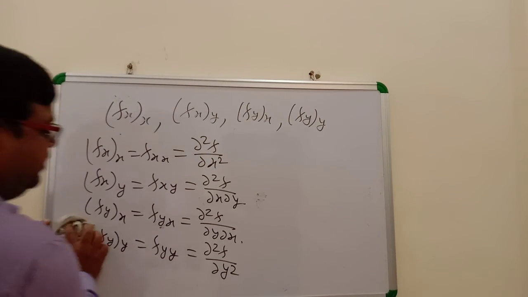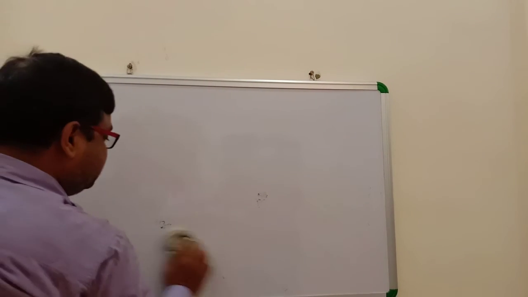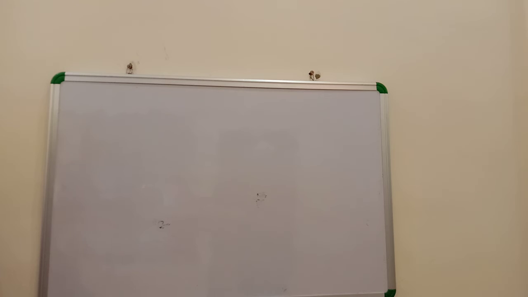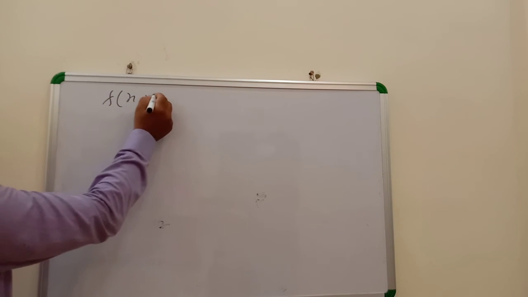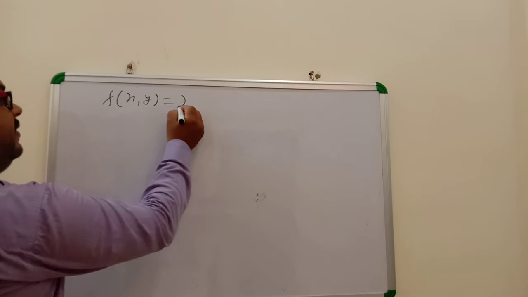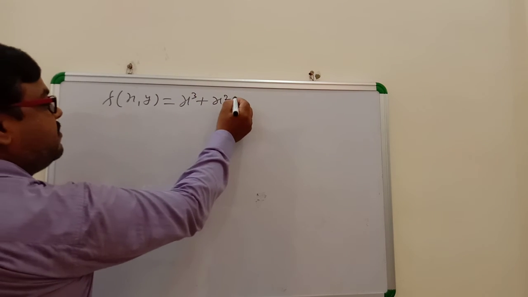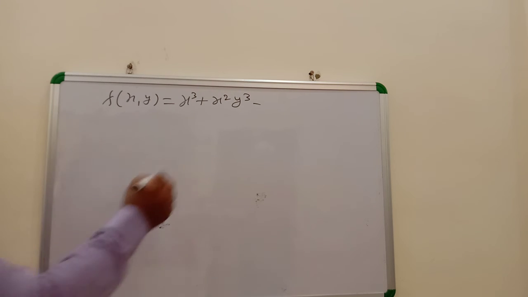Consider a problem on second order partial derivatives. Find the second order partial derivatives of f(x,y) equal to x cube plus x square y cube minus 2y square.